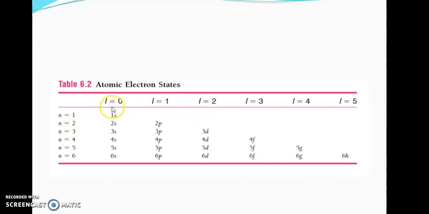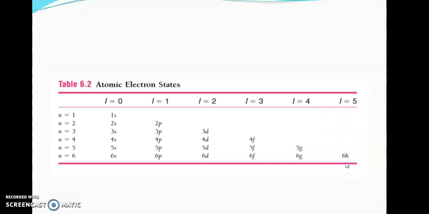So n equal to 3, L equal to 0 corresponds to 3s state, n equal to 3, L equal to 1 corresponds to 3p state, and n equal to 3, L equal to 2 corresponds to 3d state. Similarly, we can write other states as well. So L equal to 3 corresponds to F state, L equal to 4 corresponds to G state, and L equal to 5 corresponds to H state.